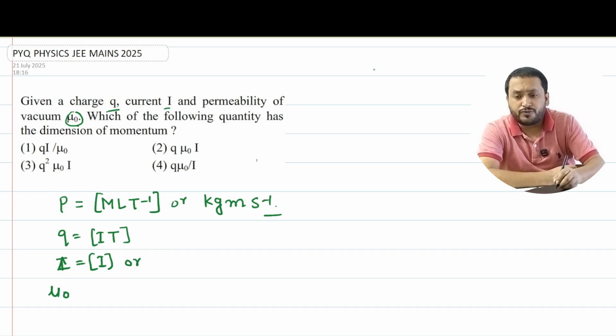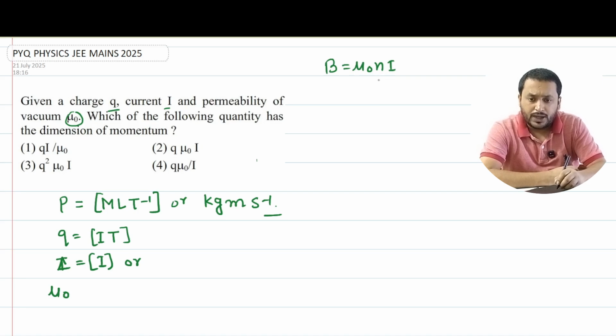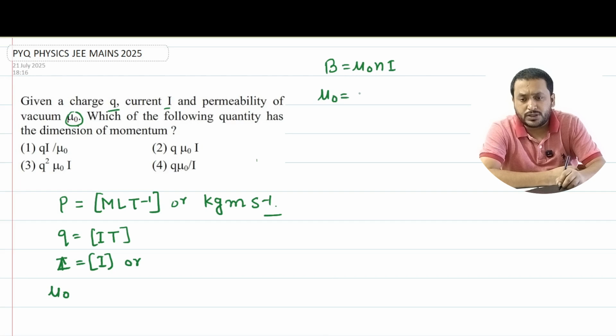We will use a small formula, that is B is equal to mu naught N I. This is the magnetic field inside a solenoid having n turns per unit length. So if you look here, mu naught is B by N I, right? B is in Tesla, N is the number of turns per unit length.